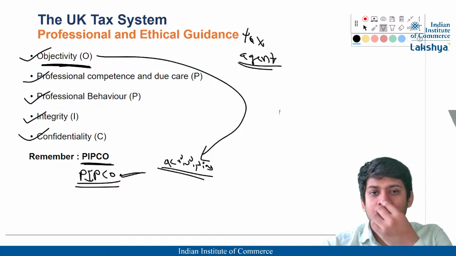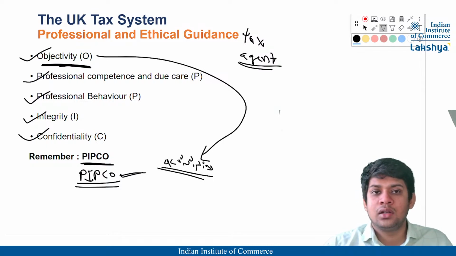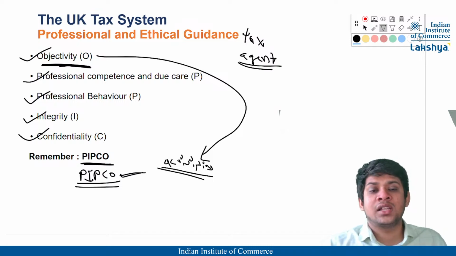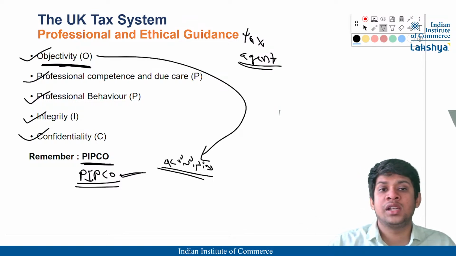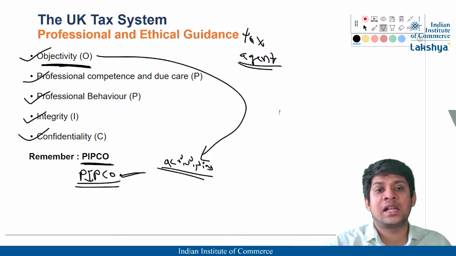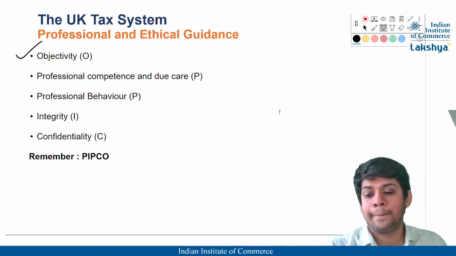That I should always follow my rules, follow my ethics, right? While acting as a tax agent, I should not support a taxpayer in committing any fraudulent activities, or if he has committed, I should stop. If he has committed and is not listening to me, I should cease to be a tax agent for him, right? So I should be very ethical in my work. That is known as objectivity.